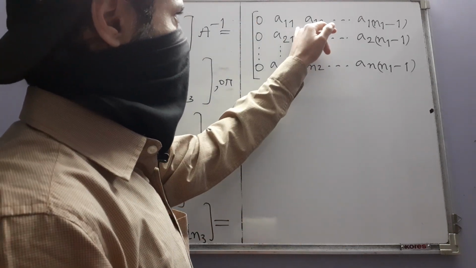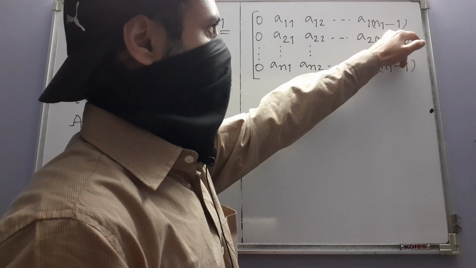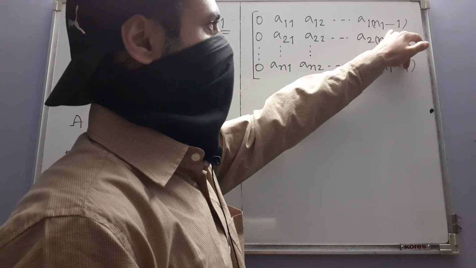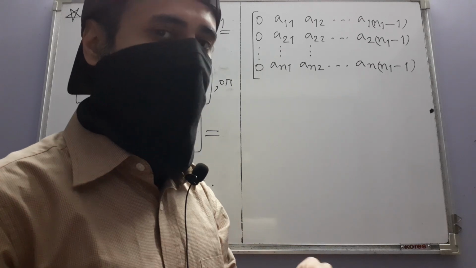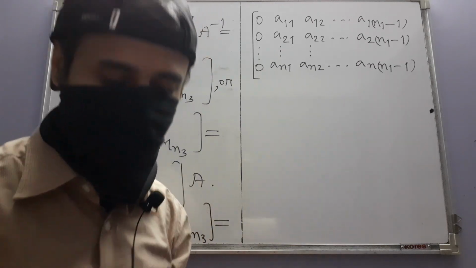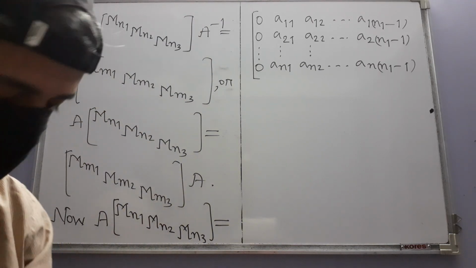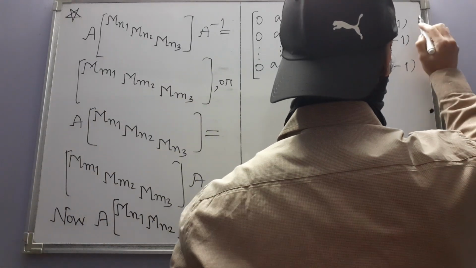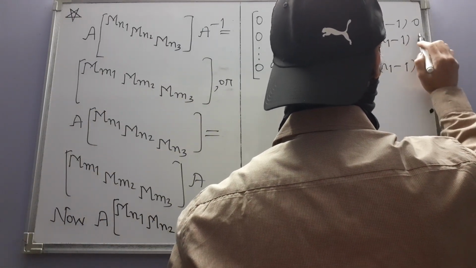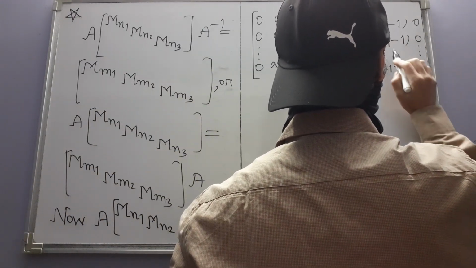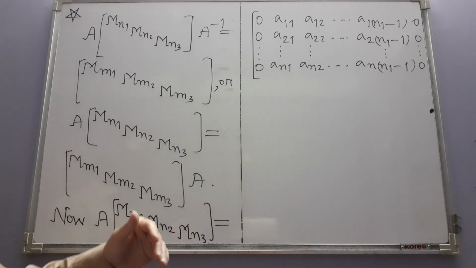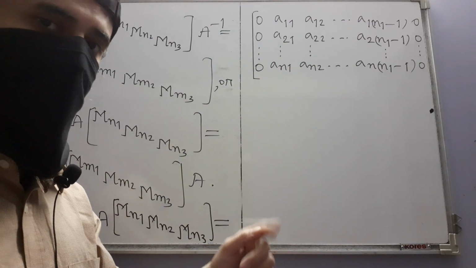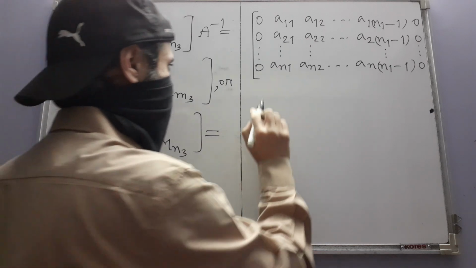The pattern that this second index is following, according to that pattern, in the next column we should have N1, but that next column is a 0 column. I can in fact write the zeros here itself. And then the next column will have N1 plus 1 as its second index.